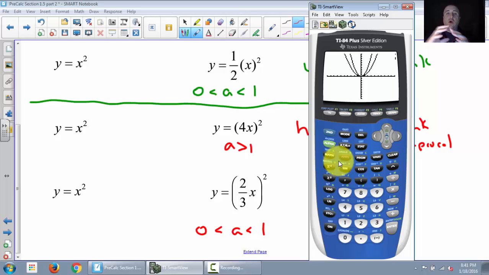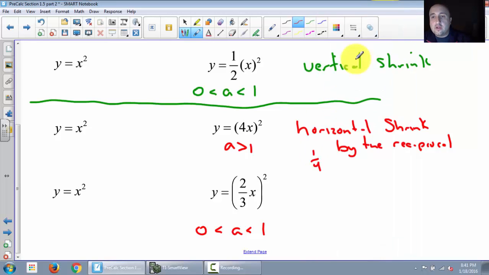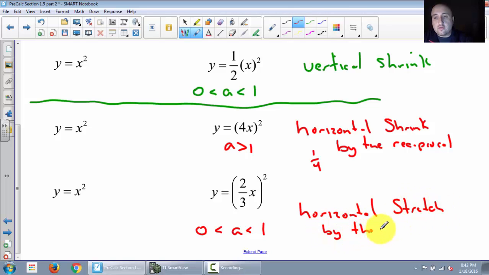And you notice it makes it wider. So we're stretching. So when that number is between 1 and 0, we're stretching that basketball out widthwise. So we're making it horizontally bigger. So this is called a horizontal stretch by the reciprocal. So what's the reciprocal of 2/3? 3/2. So we're making it 1.5 times bigger is what we're doing.